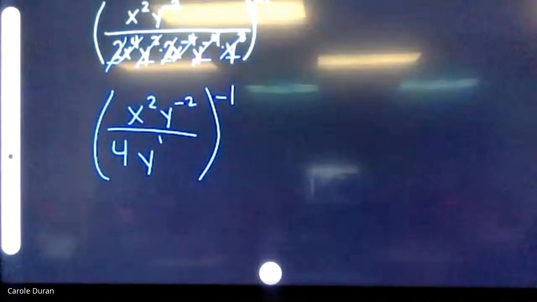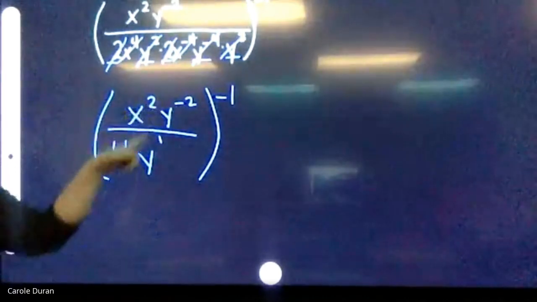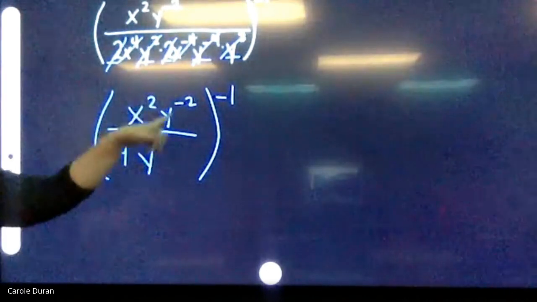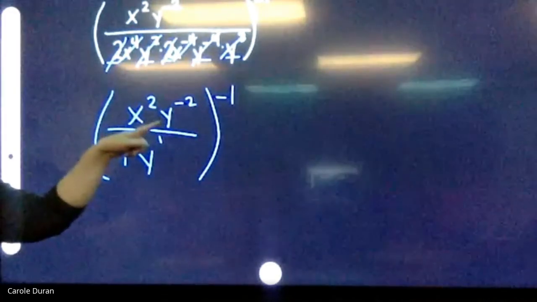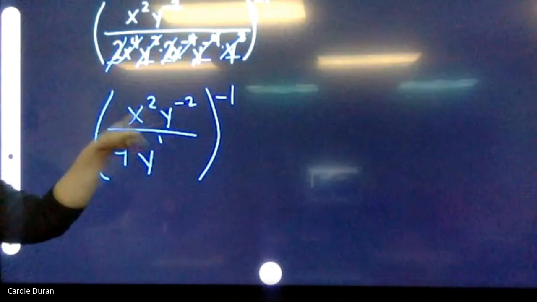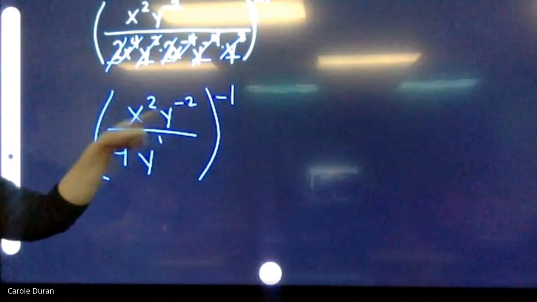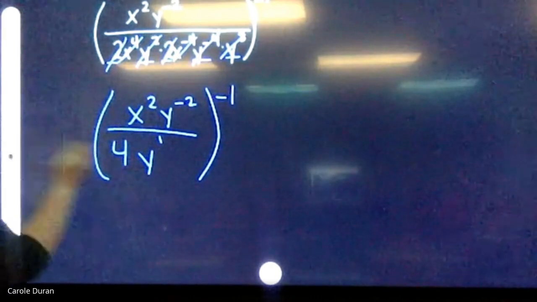I'm not done simplifying inside of that parentheses, right? I still have a y on both sides of my fraction, and one of them is negative. So I know right away that I need to move that y to the -2, correct? Where's it going to move to? To the bottom because it's currently in the top.